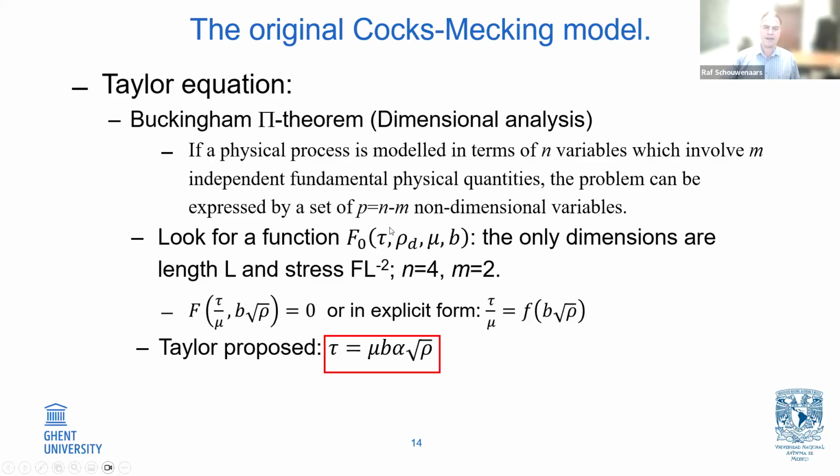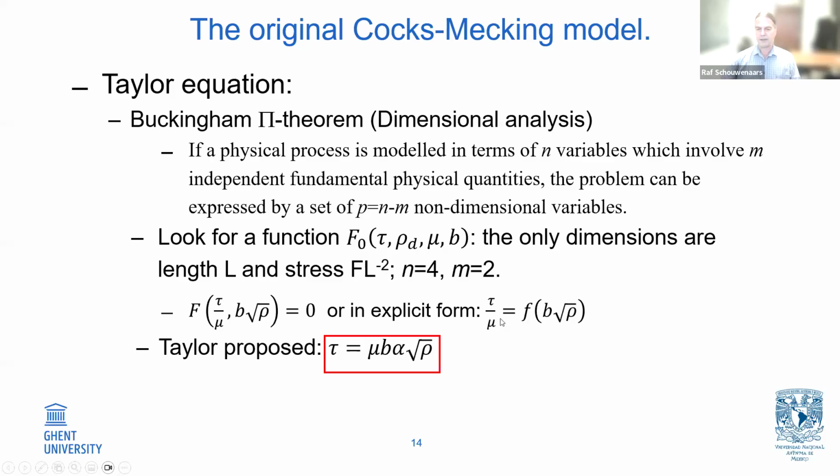So if we want to make a connection between the shear stress, dislocation density, shear modulus, and Burgers vector, then we only got two dimensions, length and stress. So we can express this equation in the form of only two non-dimensional quantities, and we write that in explicit form.